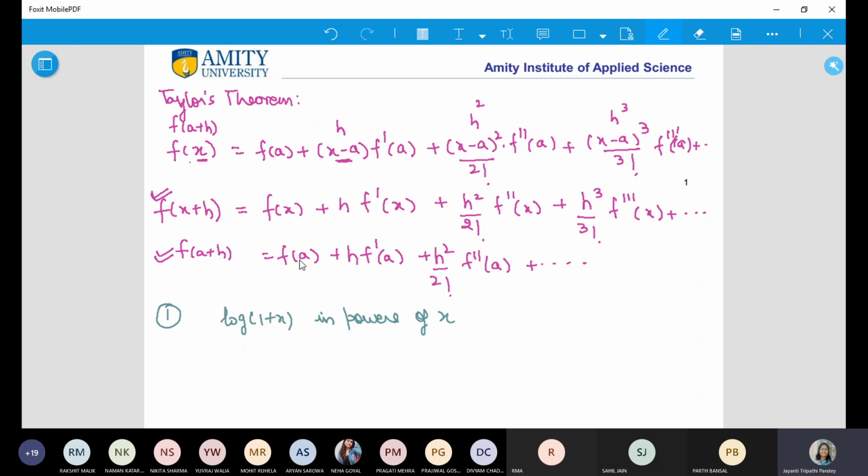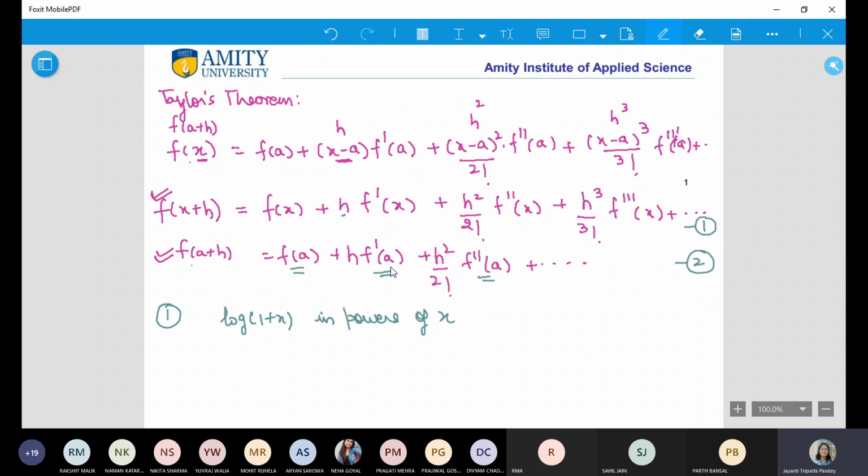If you check this, these values are constant values, right? And if you check this, you are getting the expansion in powers of h. So if we are interested in finding the powers of x, that means we treat this x as h and use this formula. If I mark this as formula 1 and this as formula 2, which formula will help us?